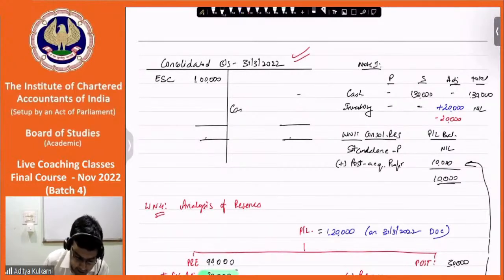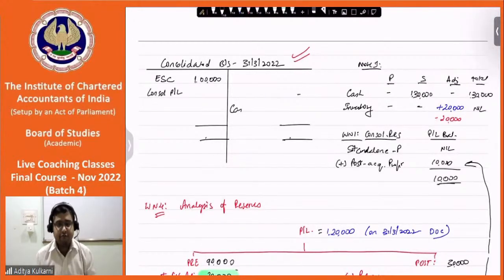Then I am going to have consolidated P&L. There were no reserves of P, but this 10,000 gets added. So I will have 10,000 coming to the consolidated P&L.